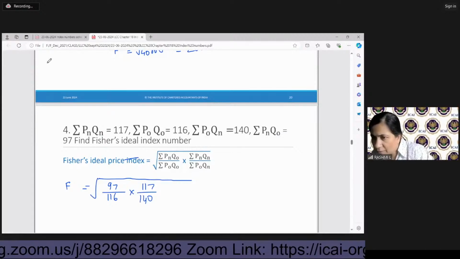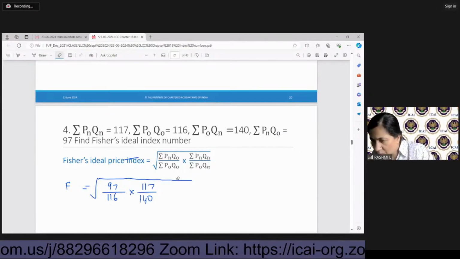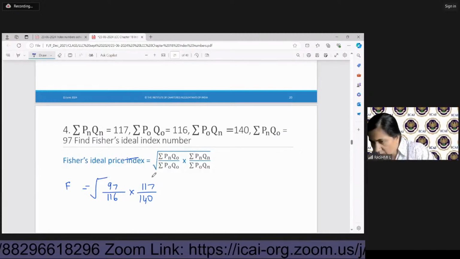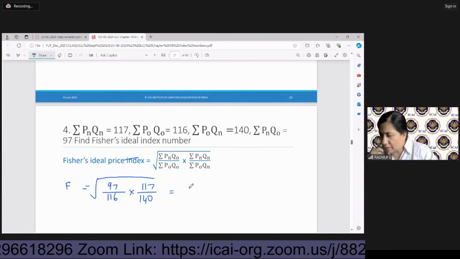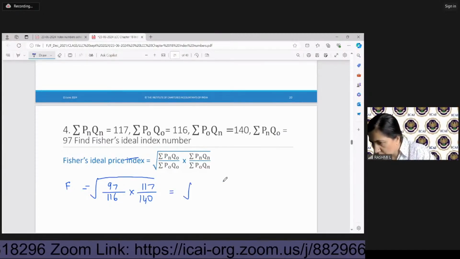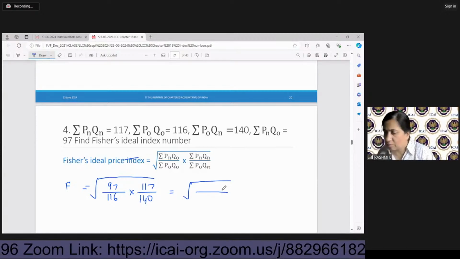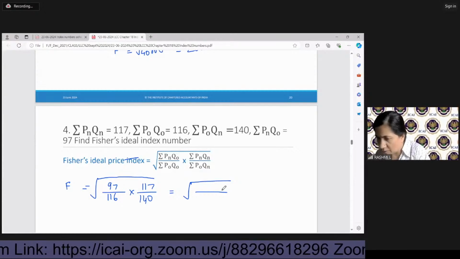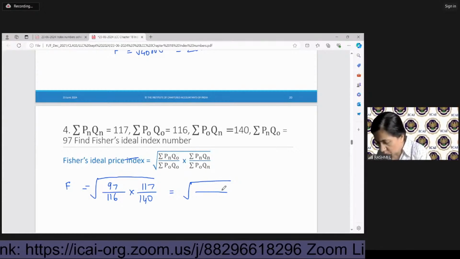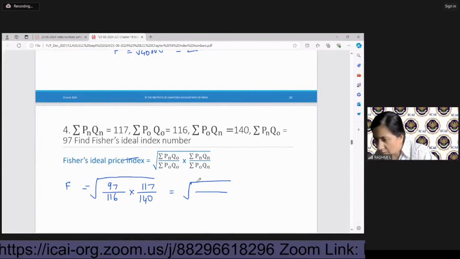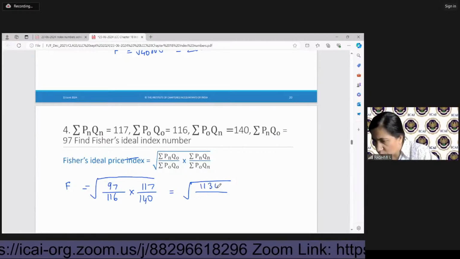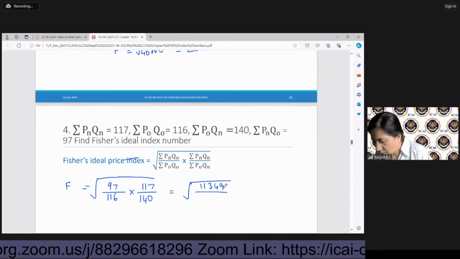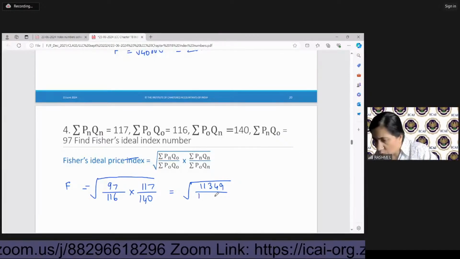So can we have the multiplication? How much is the numerator? So 97 into 117 is how much? And 116 into 140 is how much? 97 into 117 is 11349, and 116 into 140 is 16240.